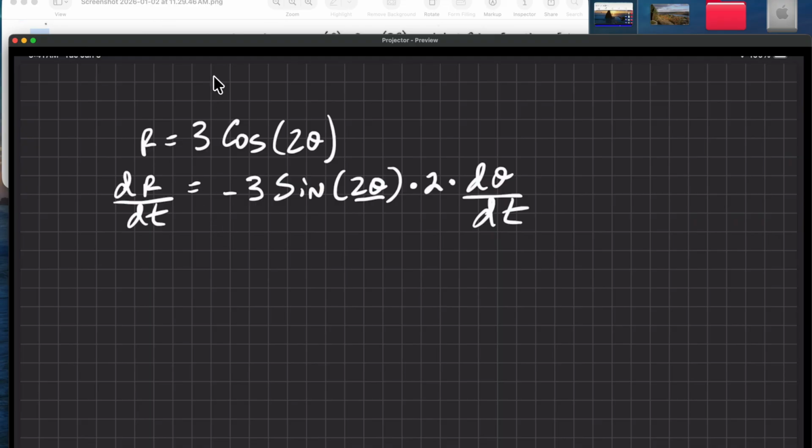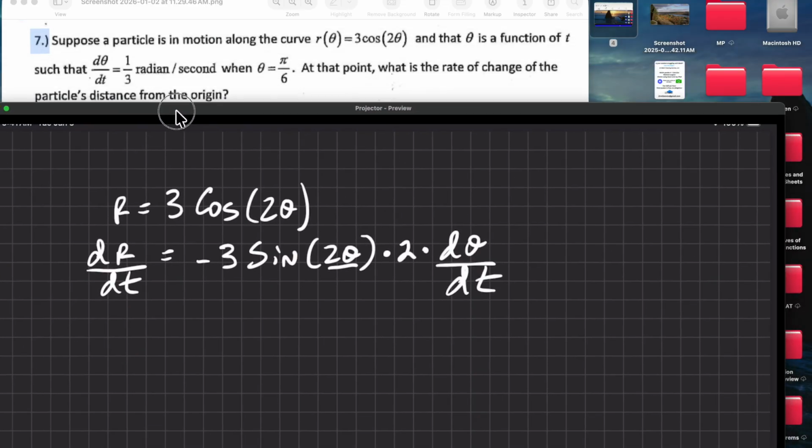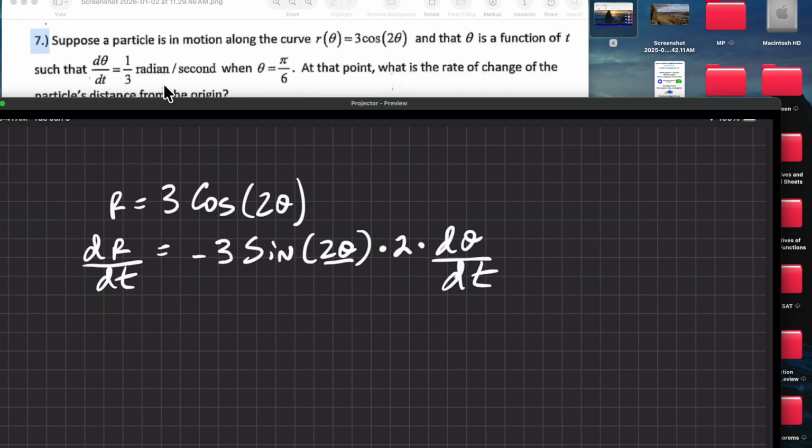Now, looking at this problem, folks, fortunately, they give us all this information. They give us that d theta dt is 1/3. So let's replace this with 2 times 1/3. And then we're going to have negative 3 sine of 2 times, and they say when theta equals pi over 6.